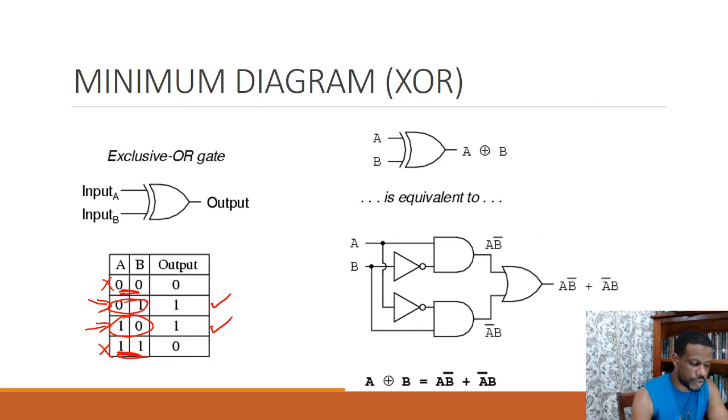So exclusive OR is represented by a plus with a circle around it. It's made up of an OR, two ANDs, and two NOTs.